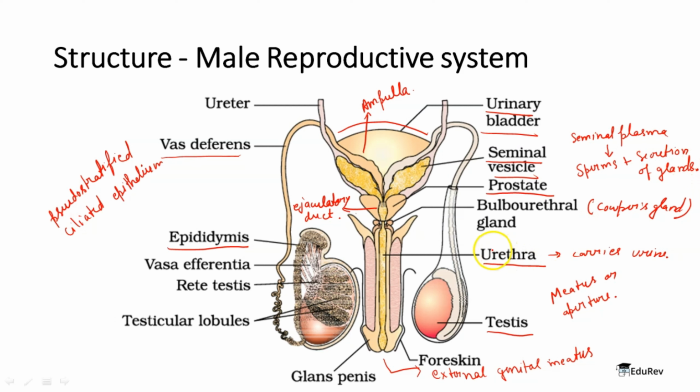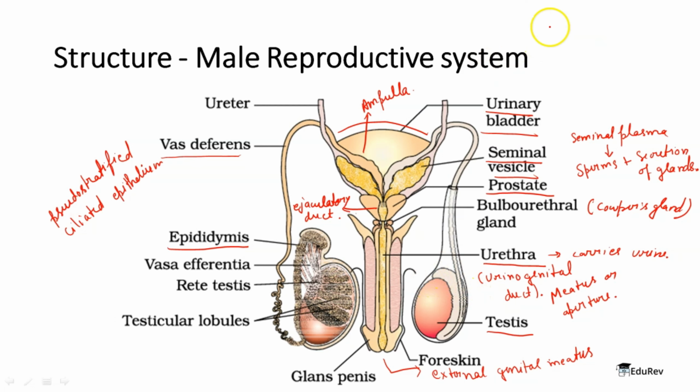As the urethra contains both the sperms and urine, it is also known as the urinogenital duct. What is it also known as? I can write here genital duct. Okay. If we see precisely, the urethra can be divided into three parts.